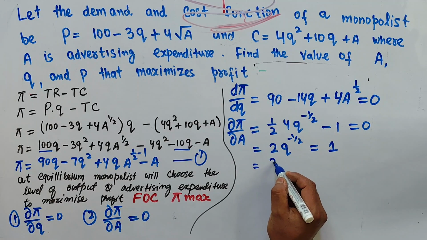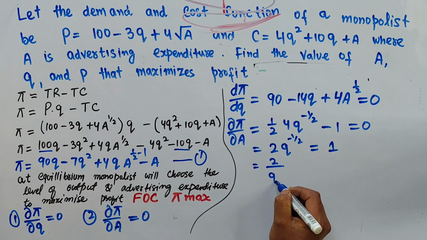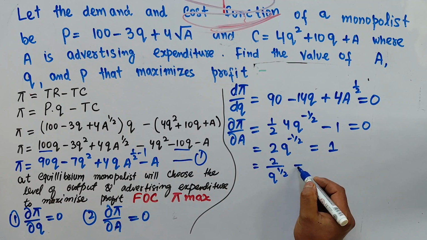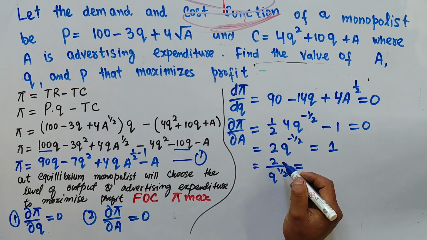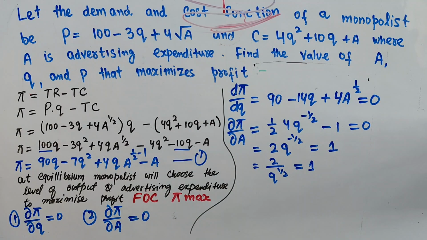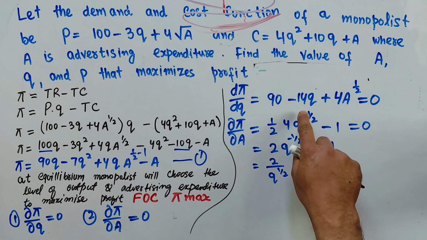We can write it in this fashion: 2 divided by q raised power 1 upon 2, transposing this q to denominator, exponent sign will change, is equal to 1, which implies, am I missing something here? Obviously I am missing some term here, that is, we have a raised power 1 upon 2 here, not q.